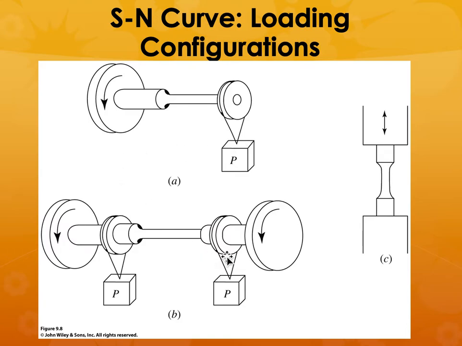You can also do a modification to that. So you apply two loads, one on each end, and you keep rotating in the same direction. So the same way you can do the fatigue stress versus number of cycles.